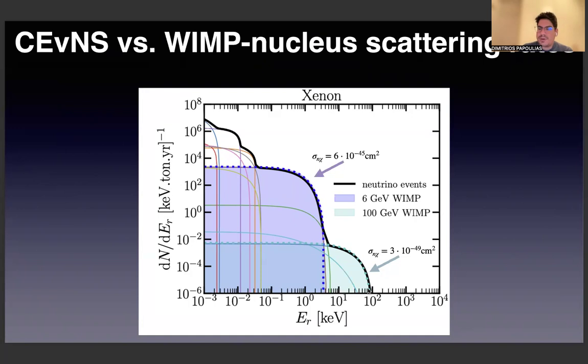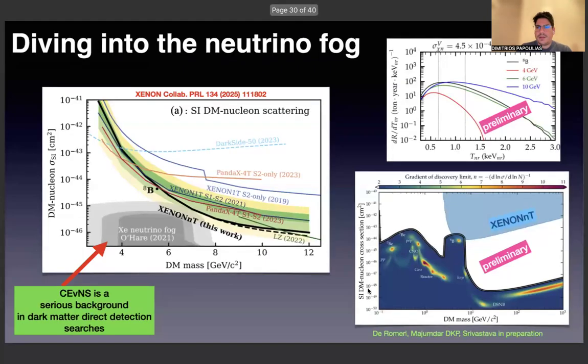So this leads to a problem because beyond this level, you are not able to discriminate whether the signal is WIMP-induced or neutrino-induced. To do so, we have to tackle this problem statistically, and we did so in the past through the so-called neutrino floor that I discussed before. But a new definition of the neutrino floor, which is much more general, is the so-called neutrino fog.